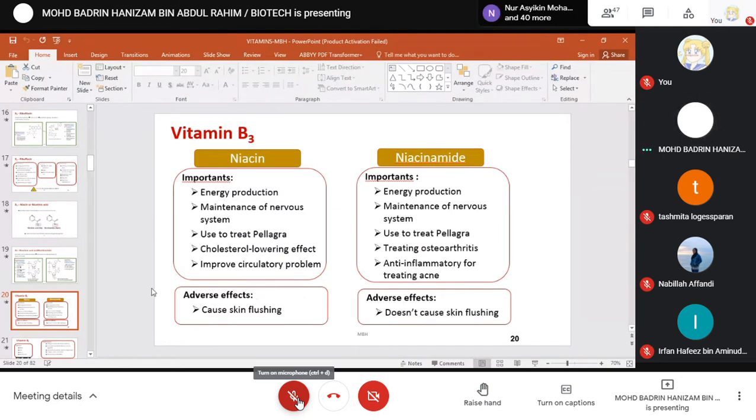The adverse effect is skin flushing, reported when you take this vitamin B3 in excess. But niacinamide doesn't cause skin flushing, only niacin, right?